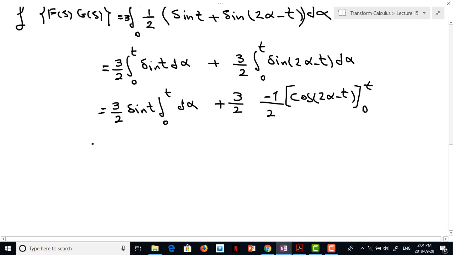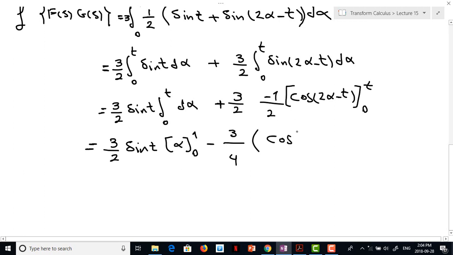So it's equal to 3 over 2 sine t, the integral of d alpha is alpha between 0 and t, minus 3 over 4. So I have to apply the upper limit. The upper limit is cosine 2 alpha, so it's going to be cosine (2t minus t). It's going to be cosine t.